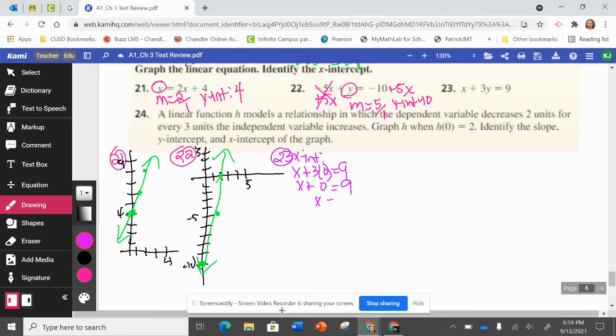X plus 0 is x. So our x-intercept is 9. For our y-intercept, we plug 0 in for x. So 0 plus 3y is equal to 9. 0 plus 3y is 3y. Divide by 3, divide by 3, and y is equal to 3.